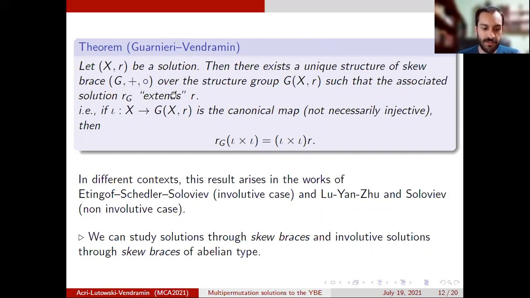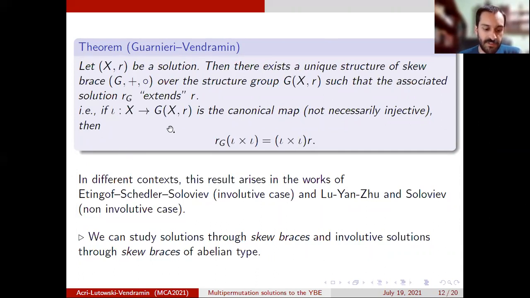The quotes are because the canonical map, this one, that identifies the elements of X with the generators of the structure group, is not necessarily an injection, but we have this equality of maps, and if the solution is involutive, then this is indeed an injection, and so r_G extends the r map.